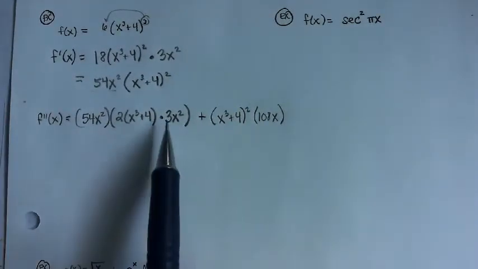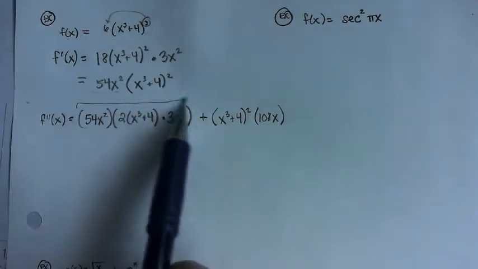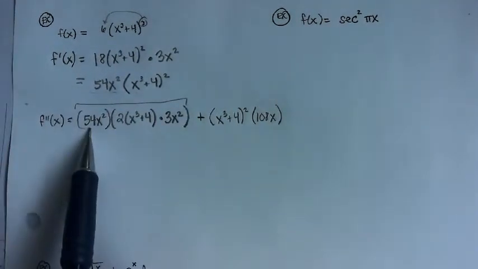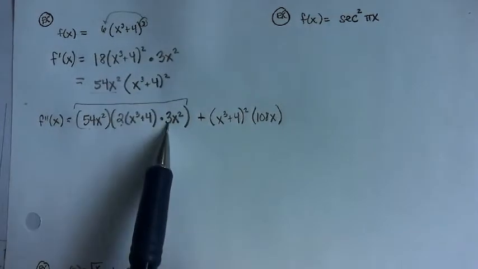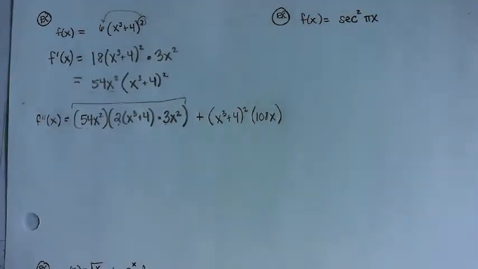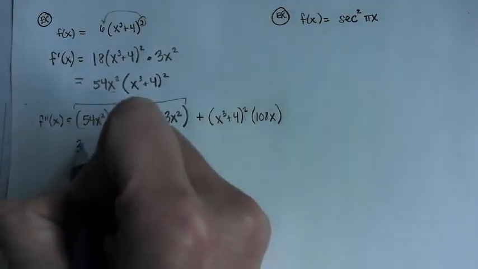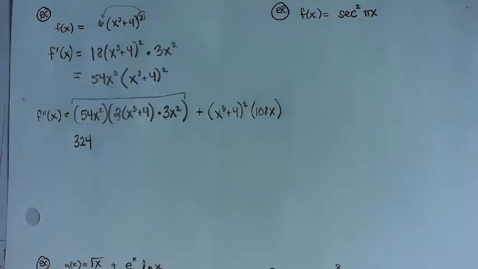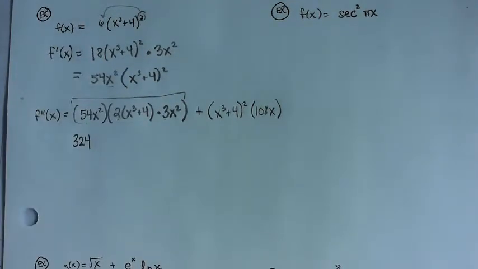So in cleaning up the first piece of our binomial, we have a 54 times a 2 times a 3. 6 times 54 is 324. You got that? 6 times 50 is 300. 6 times the 4 is an additional 24.